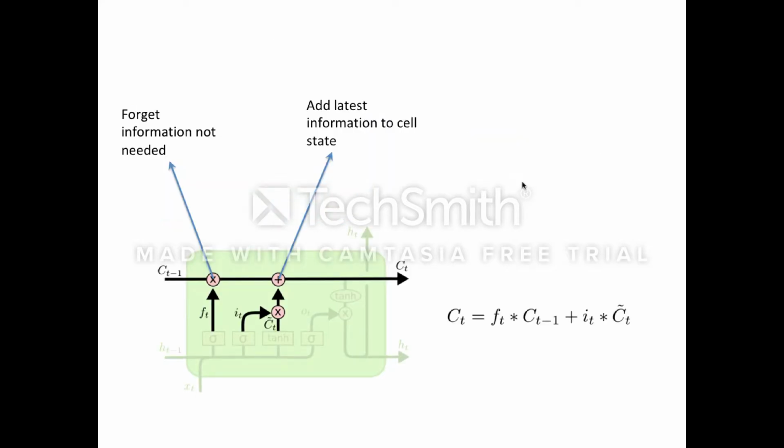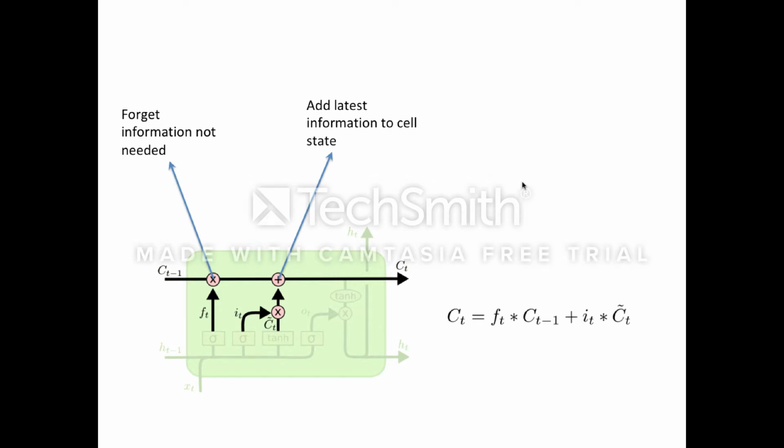The next part of the LSTM which we are going to look at is updating the cell state. The cell state is updated with the help of pointwise vector operations. The first operation which the cell state undergoes is multiplication with the output of the forget layer. The forget layer produces, with the help of sigmoid, a value between 0 and 1.